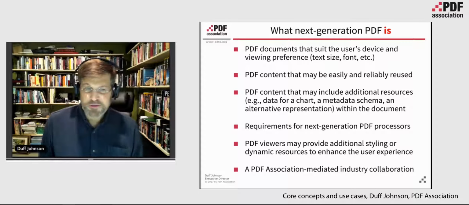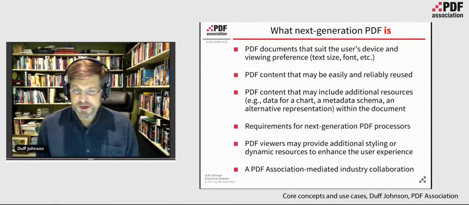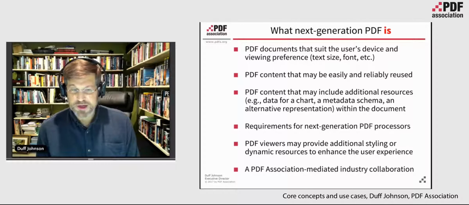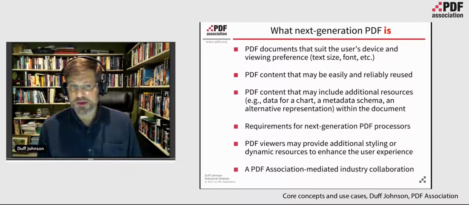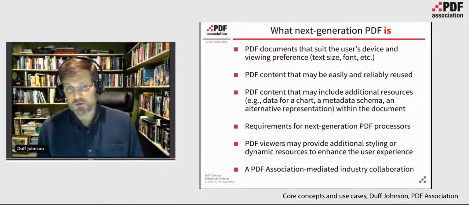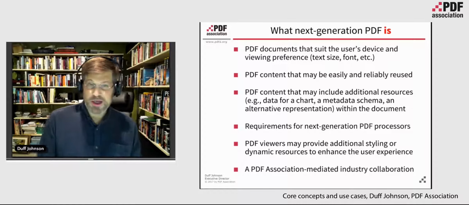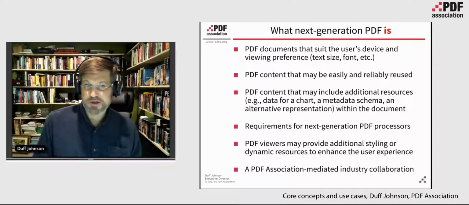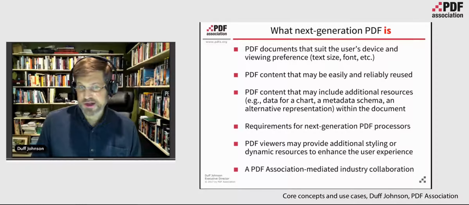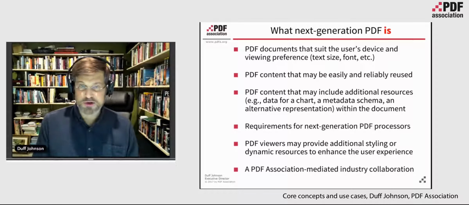So as I've implied earlier, PDF viewers may provide additional styling or dynamic resources. You could imagine a PDF document where the viewer helps in detecting, let's say, tables within the document. How to detect them? Well, properly, a next generation PDF would be well structured. So the content in the document, the tables, the headings, the lists, and so on, would be known to a processor.